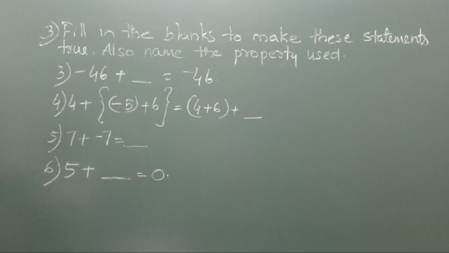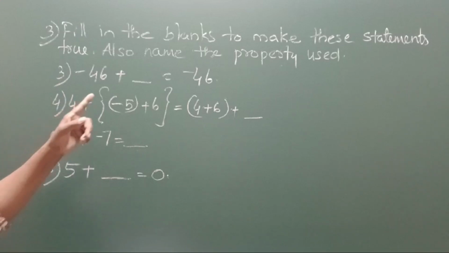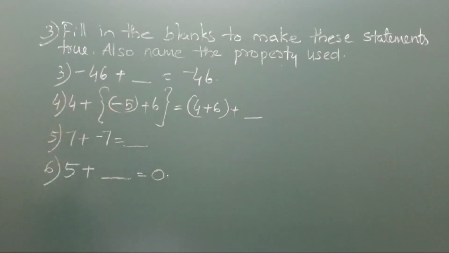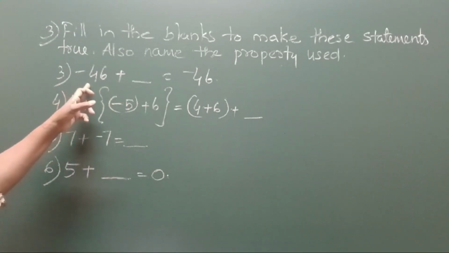Question number 3. Minus 46 plus dash is equal to 46. We have learned already, to any integer we add 0, the answer will be the integer itself.